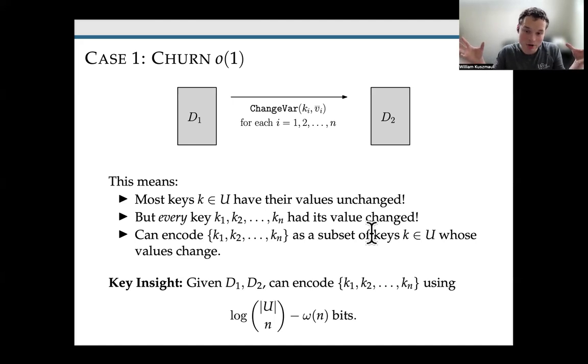And because this universe is much smaller than our original universe, this is going to create a compression opportunity. So in particular, if we were given D1 and D2, then we could encode the key set K1 through Kn using fewer bits, information theoretically, than it would normally require. You'll be able to save little omega of n bits of space.